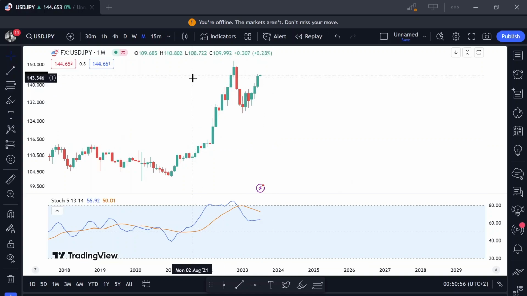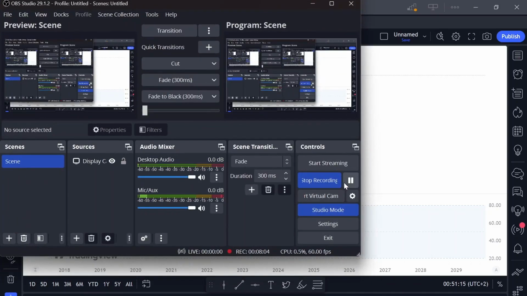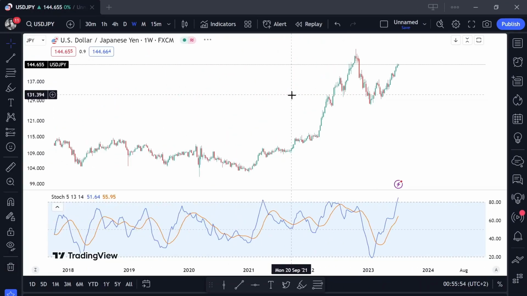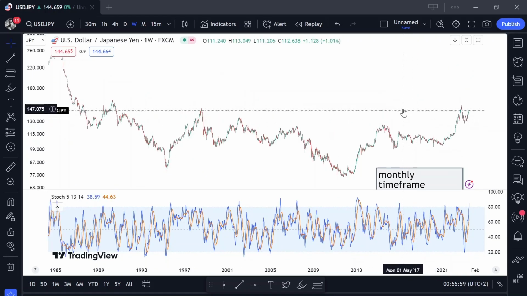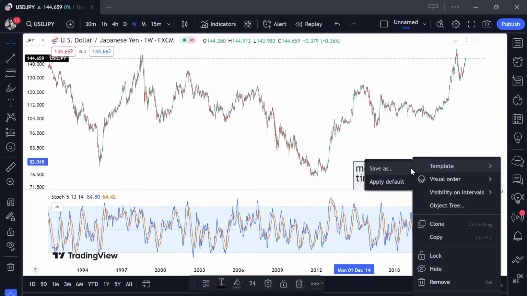Then after you do this, make sure that you go to your weekly. If you go to your weekly time frame, remember what I said, you also have to zoom in like this.